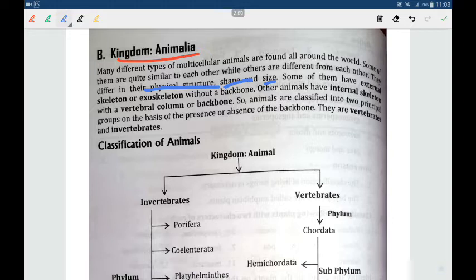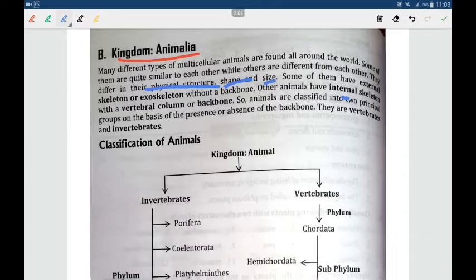Body contains internal skeleton. Internal skeleton means inside the body there is a hard part, like in our body there is a hard part, right? We call it endoskeleton. But in some, their outside body is a bit hard, like cockroach. You have seen it, isn't it?